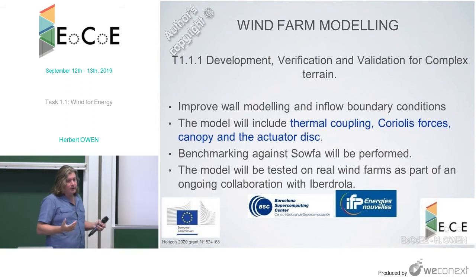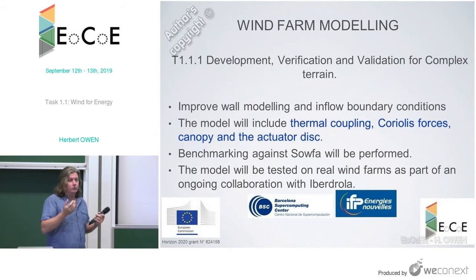And the results for LES are typically much more accurate, especially when there is huge separation behind a mountain or whatever. It's much more accurate, but it is much more expensive, and well, we have Exascale, so it makes a lot of sense. What will we do in the physical sense? We will be working on improving wall modeling. That is the boundary condition close to the ground.